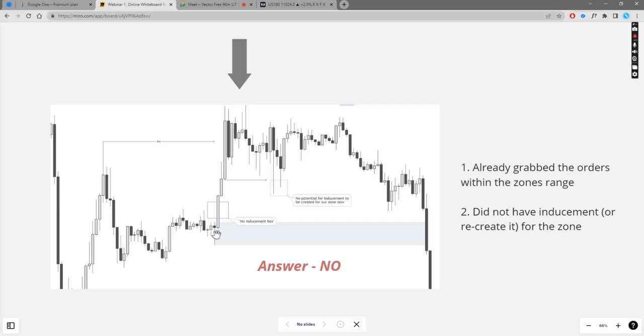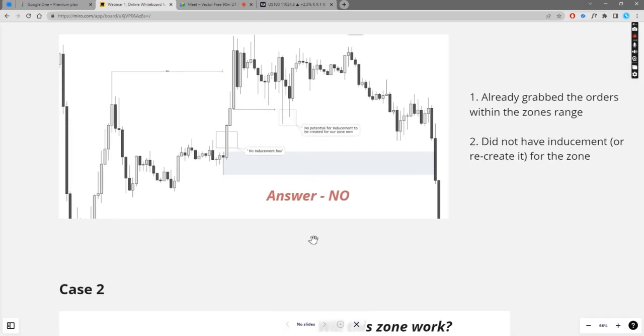So the best way to do that is if you have this big impulsive move with imbalance, but you don't have any close price action for that zone, you just draw a box here and it will signify a kind of no inducement box, saying that the only way we're going to get inducement is if we run it and use another zone and use that as inducement, or we can create inducement. But in this case, we already swept, we already used it, so let's do another one.